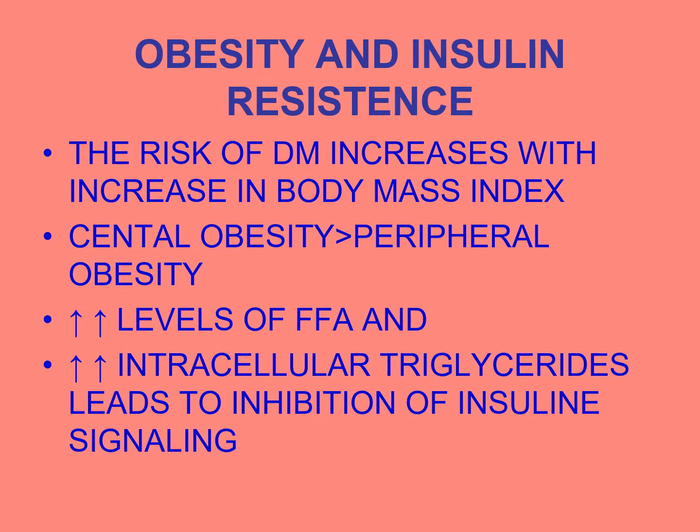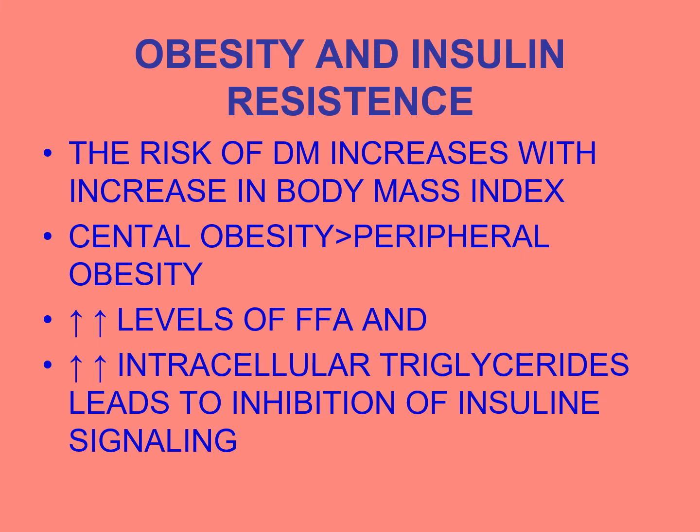Regarding obesity and insulin resistance, the risk of diabetes mellitus increases with increasing body mass index. Central obesity is more important in this case as compared to peripheral obesity. Central obesity, you may have seen individuals who have a pear-shaped body, that is their abdomen is protuberant, they have more as compared to their arms and legs.